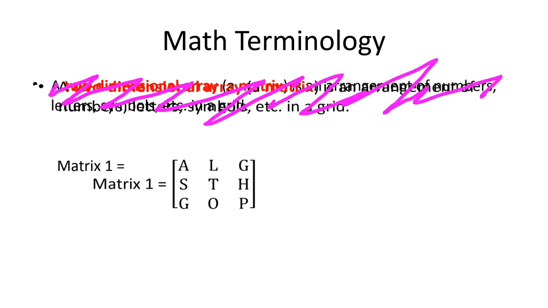This is a matrix. A matrix is just an array or a string with some dimensionality. By that I mean, in this case, this is a two-dimensional matrix. It's still a collection of symbols or numbers or characters or whatever, but in this case, they're arranged in rows and columns.